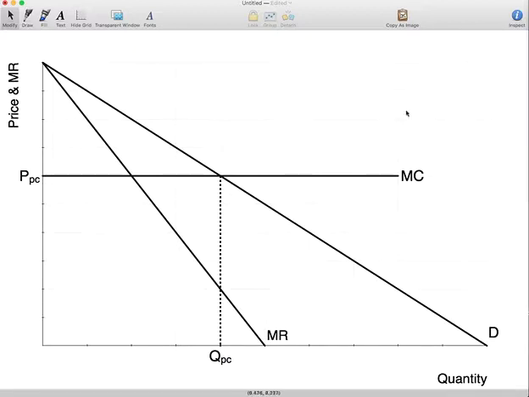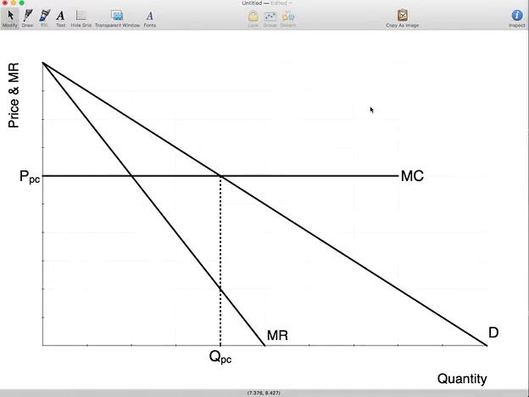If we go straight down from that point, that will give us the output level in a perfectly competitive marketplace. And since price is equal to marginal cost in the long run, the equilibrium price is given thusly. So that's how you determine what the price and output is in a perfectly competitive marketplace.